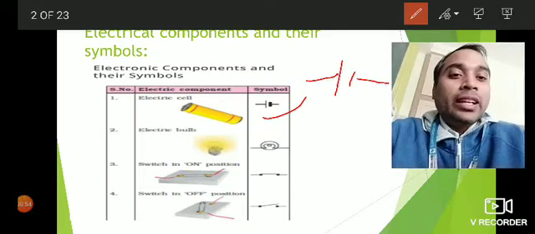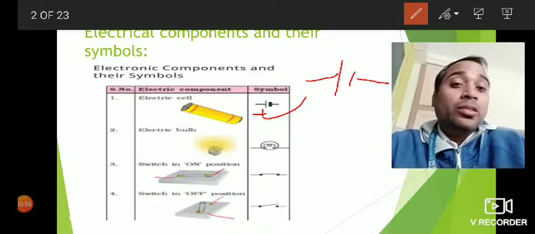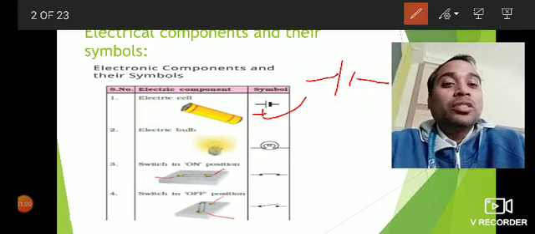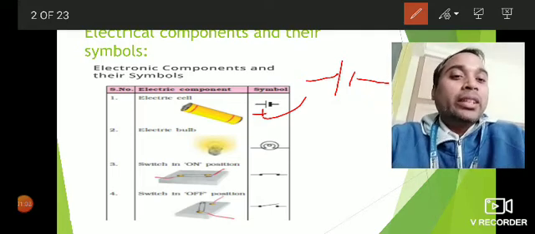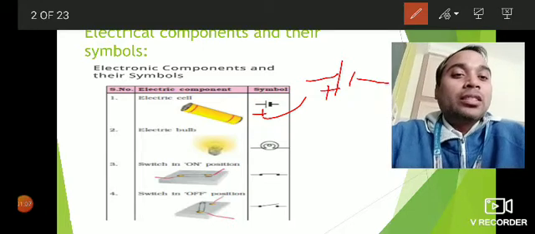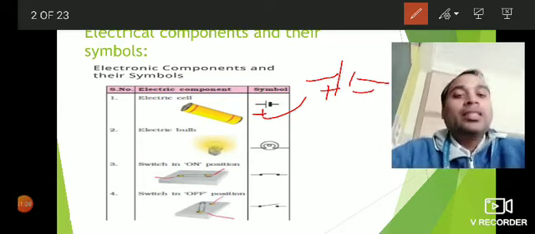We all know that a cell has a positive terminal and a negative terminal. So this longer line is positive and this shorter is negative.